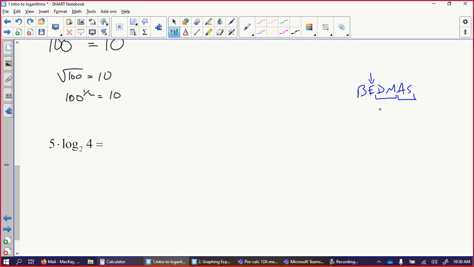E is for exponents. A logarithm is a type of exponent, so you evaluate this before you multiply by 5. So if I want 2 to a power equals 4, well, we know that's 2. So this bit simplifies to 2, and that is 10.